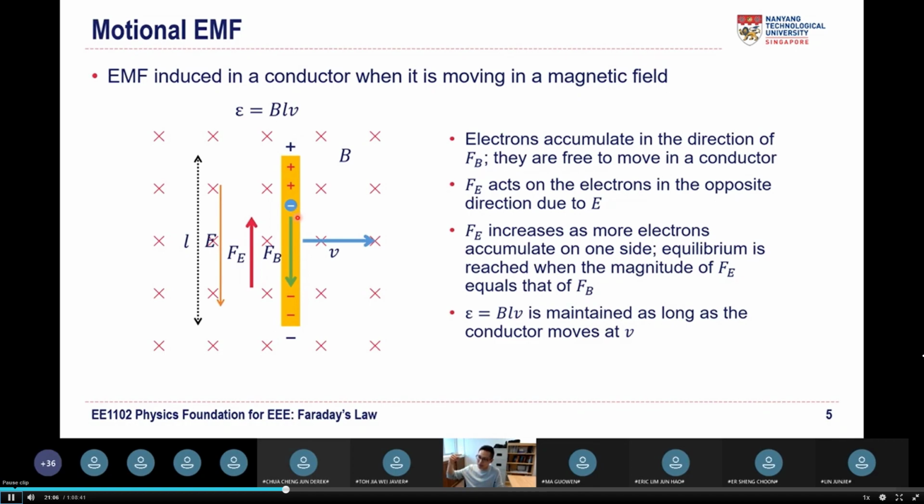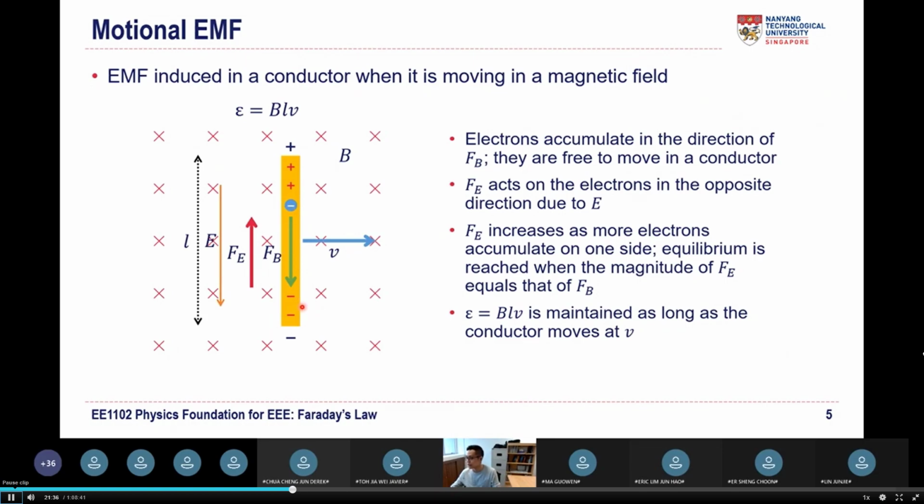So negative QV is going to point towards the left. Okay, and then your magnetic field is going into the page, and then your force is going to be acting downwards, right? So that will eventually move all the electrons downwards.